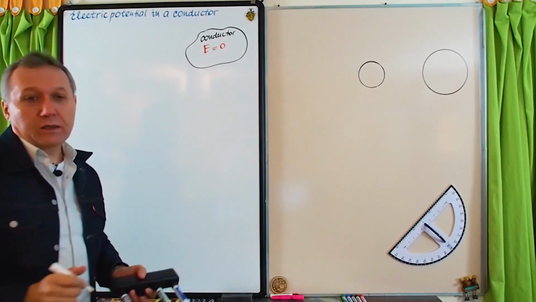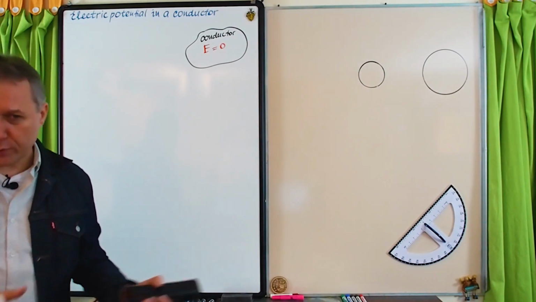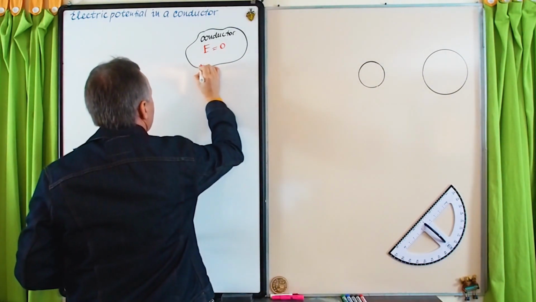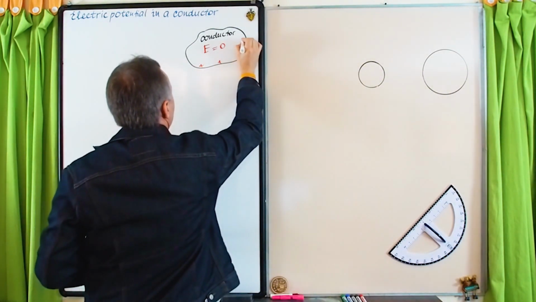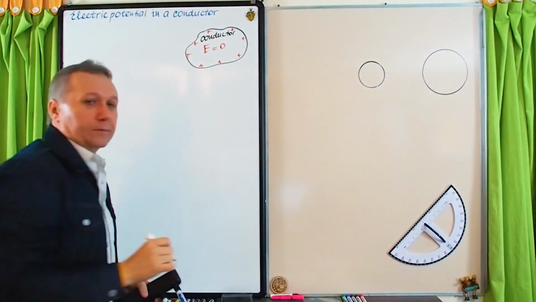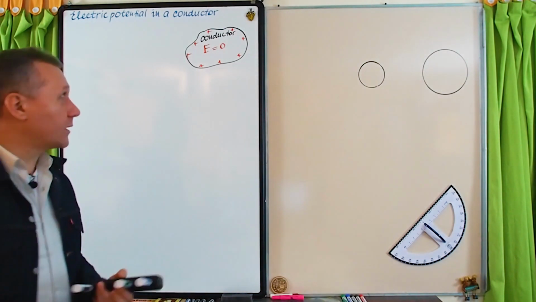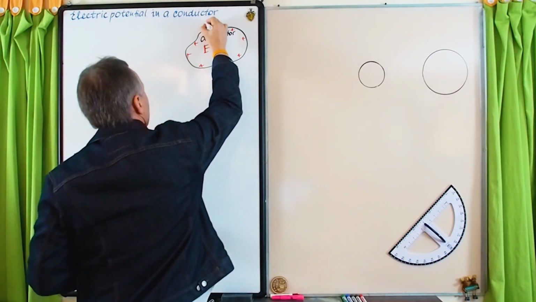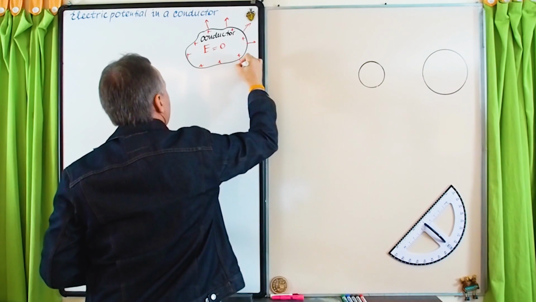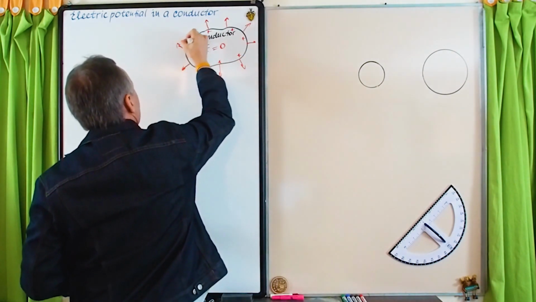Then, if this conductor is charged positively or negatively, it doesn't matter, all that excess charge resides on the exterior surface only. And then another thing, the electric field outside of the conductor must be perpendicular to the surface. Again, it all happens in electrostatic equilibrium when electrons are finished doing their job.